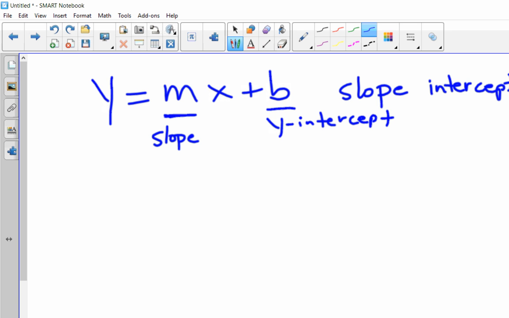So remember, slope tells me what the line's doing, how much it goes up and over, and b represents the y-intercept. Where does the line hit or intercept the y-axis? Okay, remember that's the vertical line on a graph. Okay. So we got to make sure we have some of those, all right?